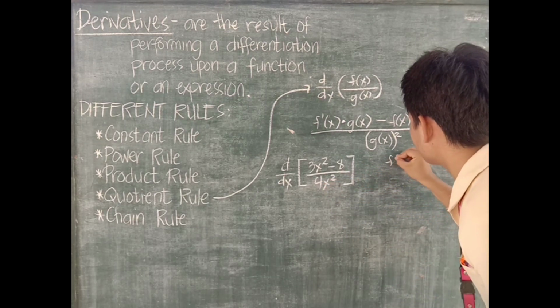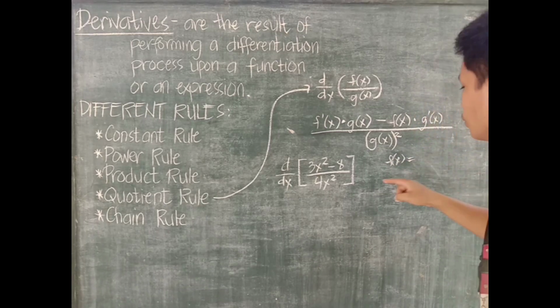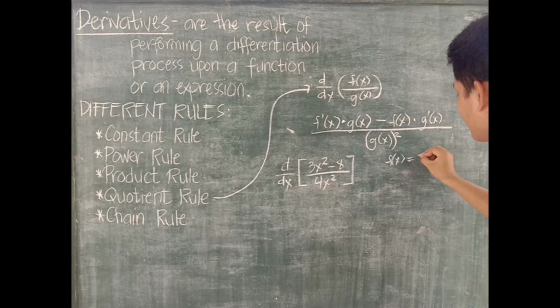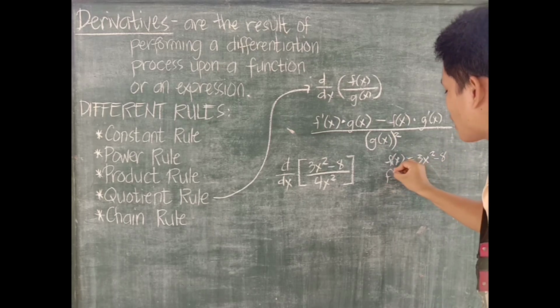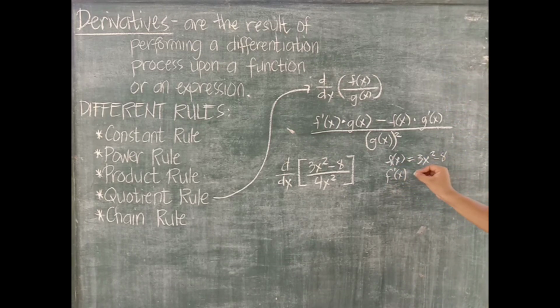So, f of x is equal to 3x squared minus 8, and for f prime of x, do the power rule: 3 times 2 is 6x, 2 minus 1 is 1. Using the constant rule, 8 will become 0. So, the derivative of 3x squared minus 8 is equal to 6x.